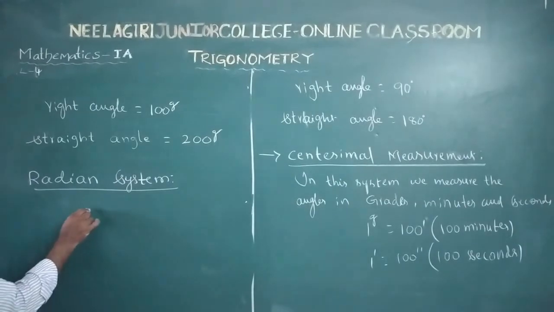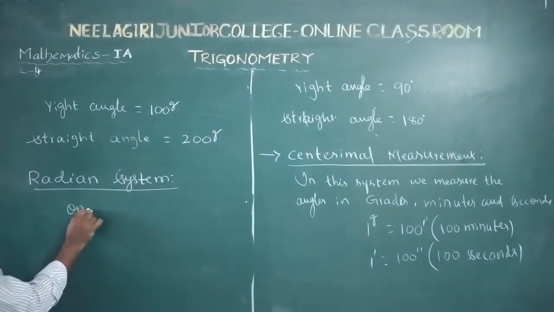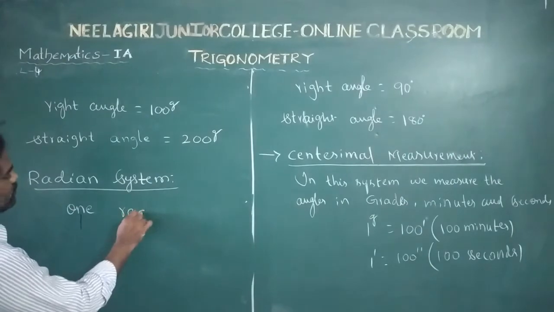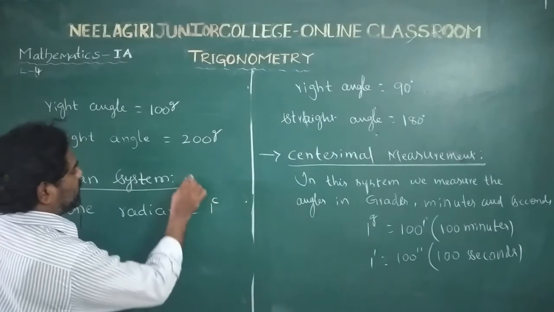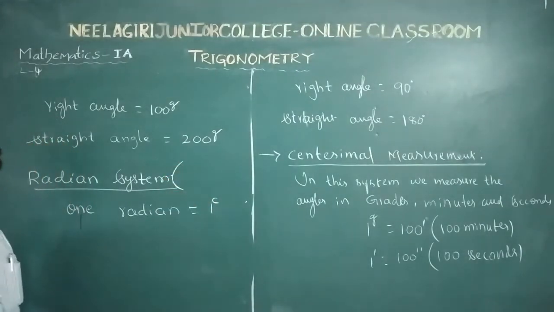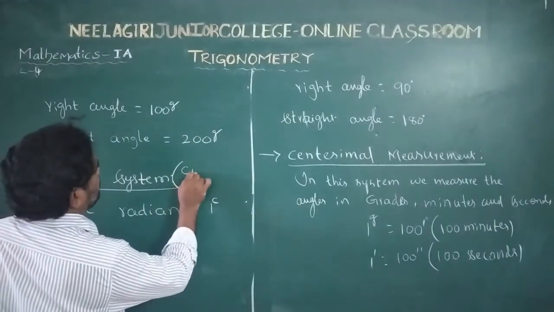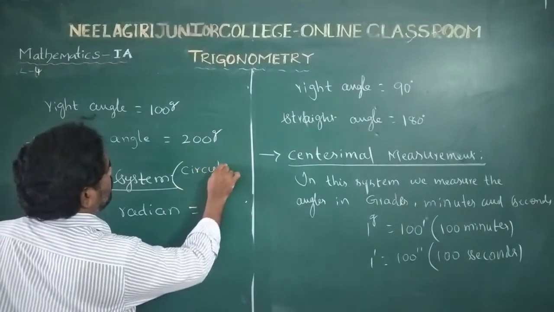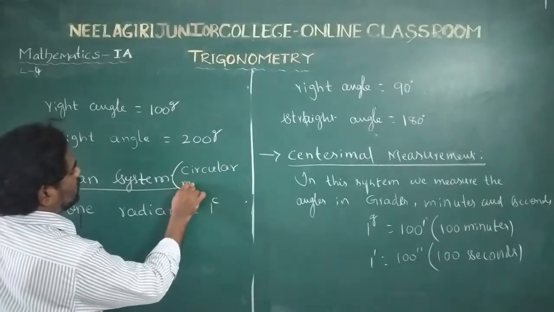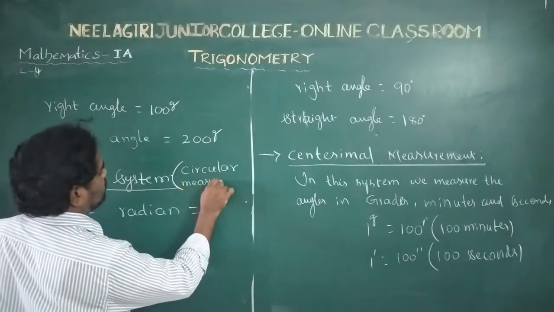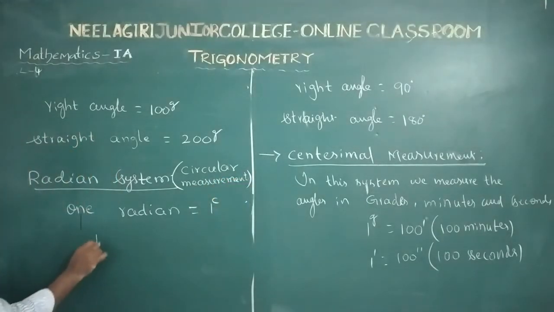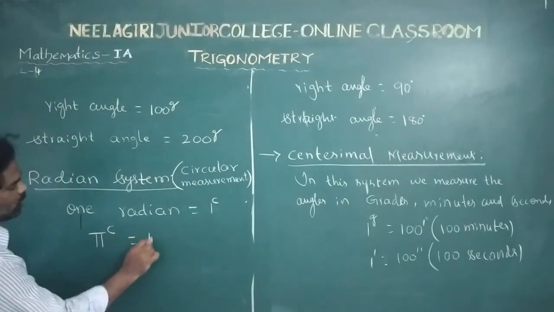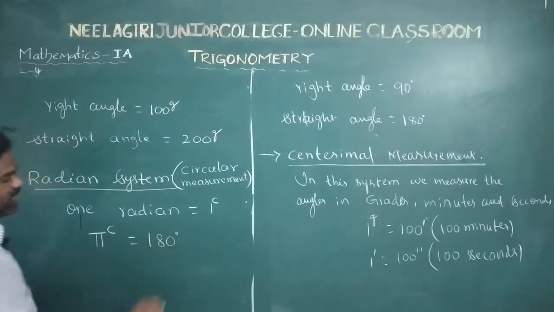We use 1 radian denoted by 1 with C, because radian measurement is also called circular measurement. Pi radians equal 180 degrees.